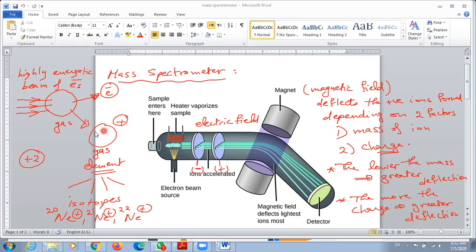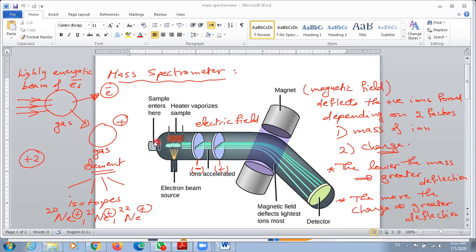On the other hand, we want to separate the isotopes not only depending on their mass, but also depending on their charge. Some of the elements would form a +1 charge and others would form a +2 charge. That's because using the mass spectrometer, we don't only determine the isotopes of different elements, but at the end of our course, we will find that we can use the mass spectrometer to find out the different fragments inside an organic molecule.